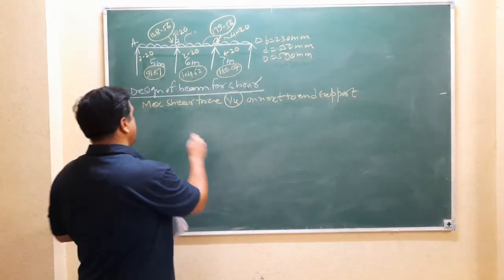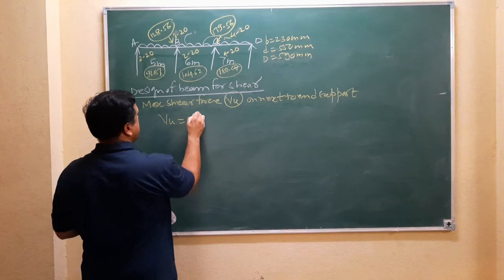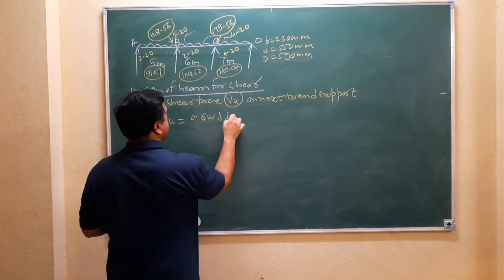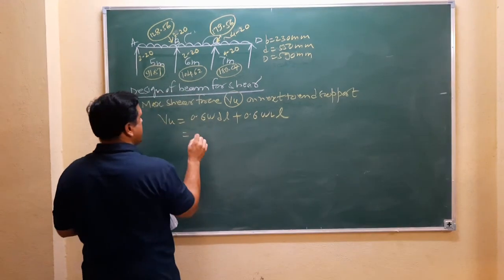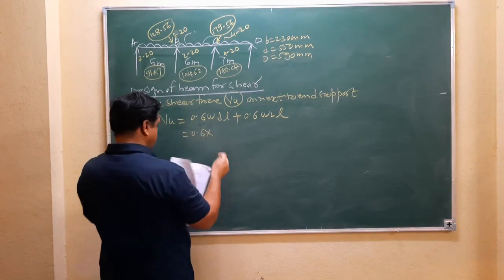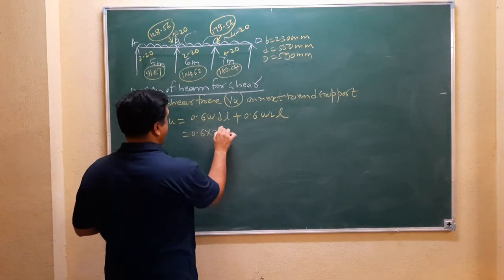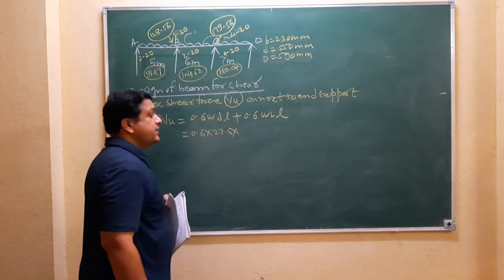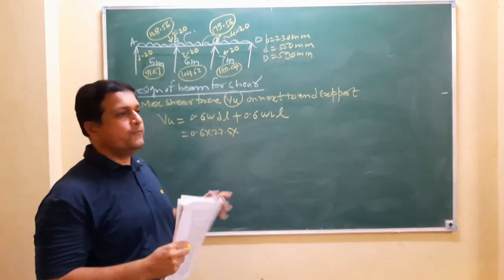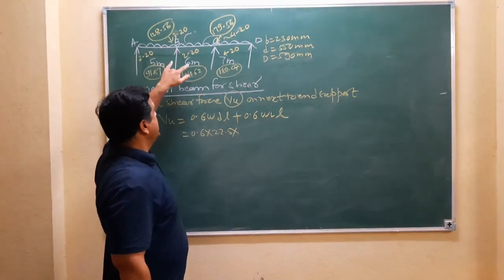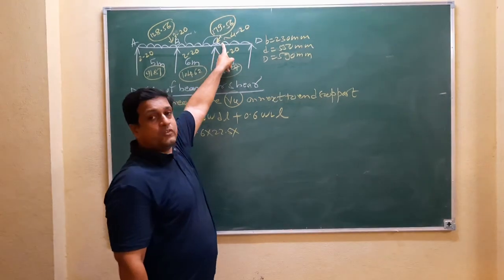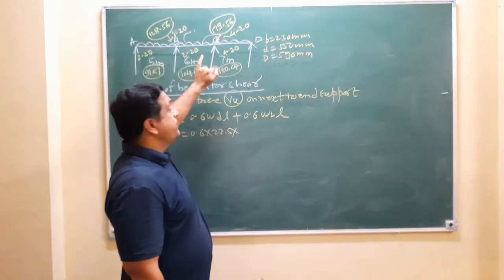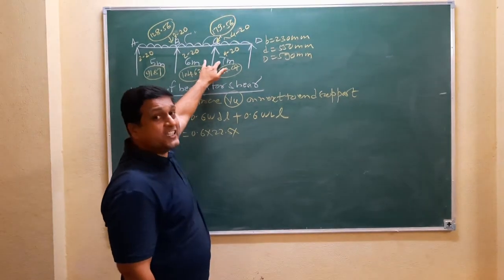The coefficients are Vu is equal to 0.6 W dead into L plus 0.6 W live into L. So 0.6, we know the dead load is 22.5. Now you have to consider the greater span. If you consider the support B, the average span is 5.5, if you consider the support C, the average span is 6.5.